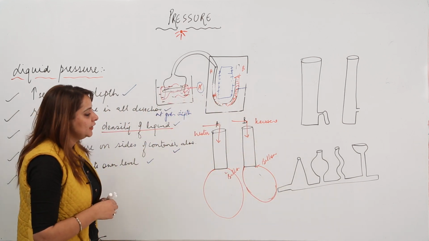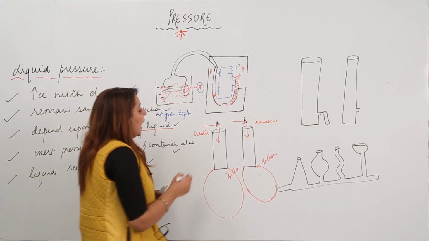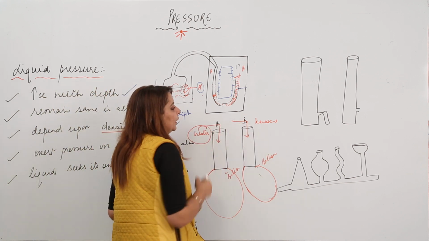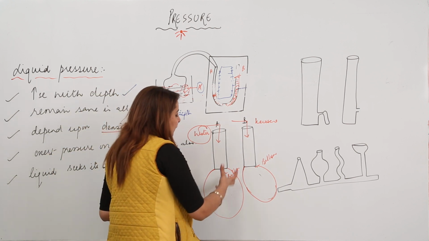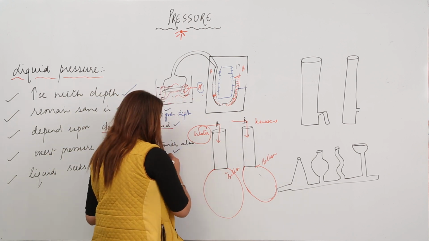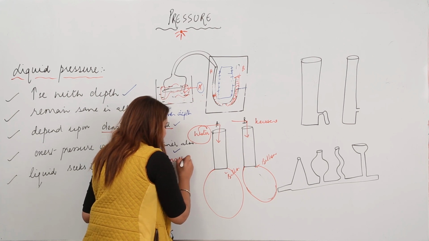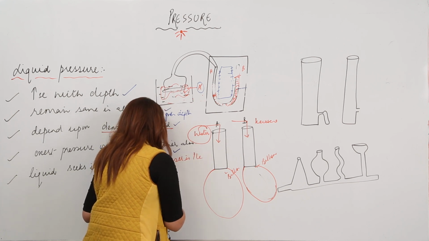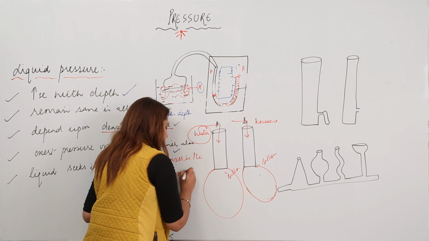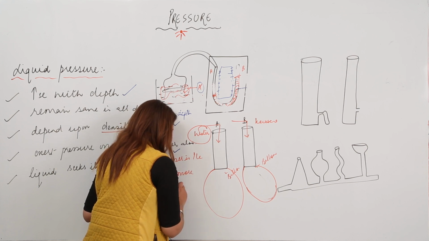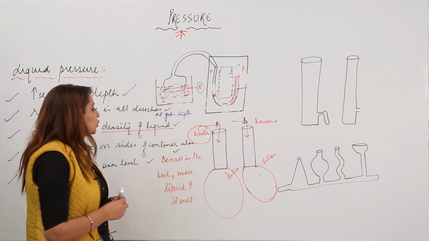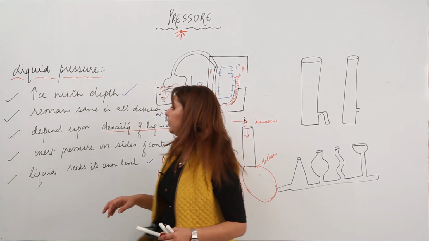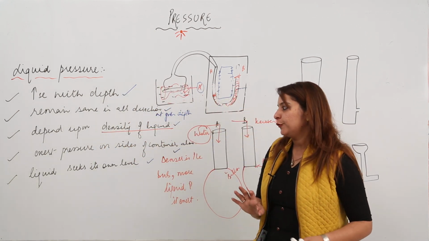So the density plays a role, as water is denser than kerosene, and therefore the bulging is more. That means the denser the substance, the more liquid pressure it exerts. This is how we can prove that it depends upon the density of the liquid.